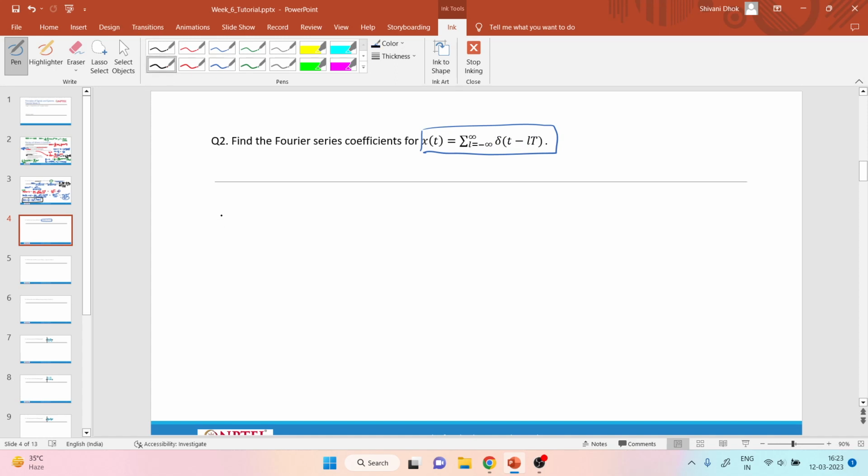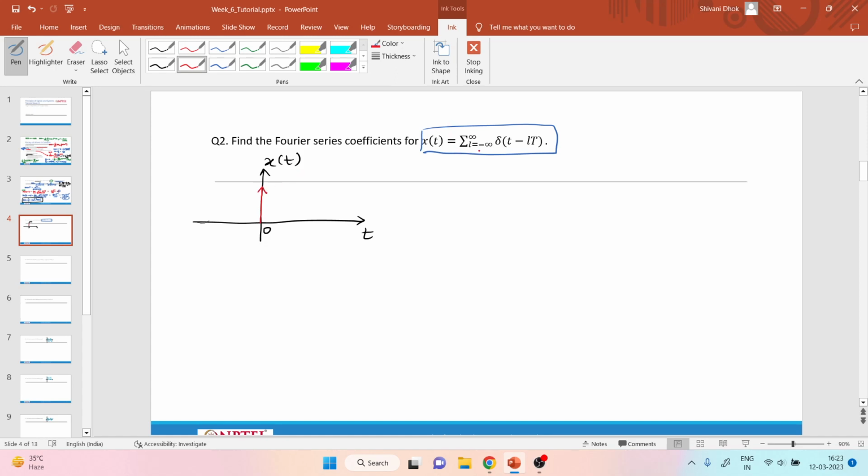So let me just sketch this signal. This is my time axis, this is 0, and I'll be plotting x of t here. Now if my L is equal to 0, then I have an impulse at t equal to 0.